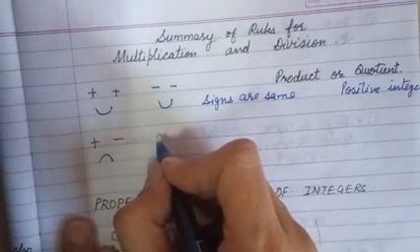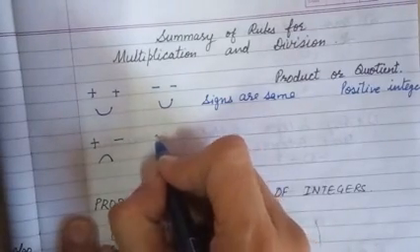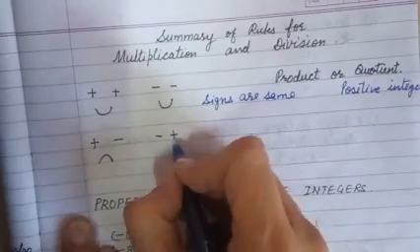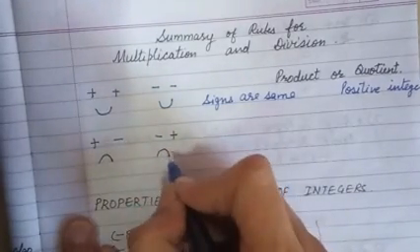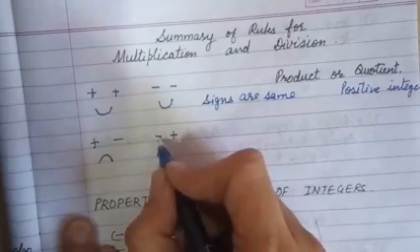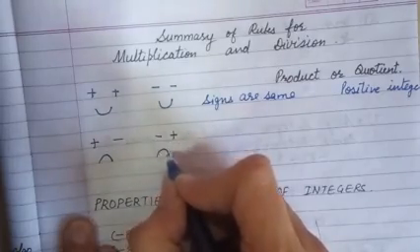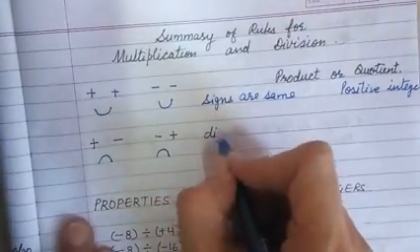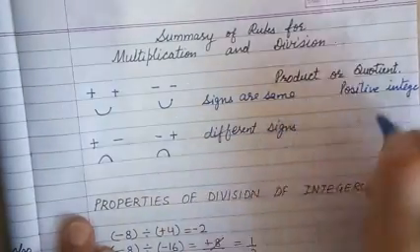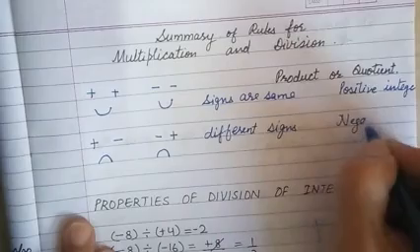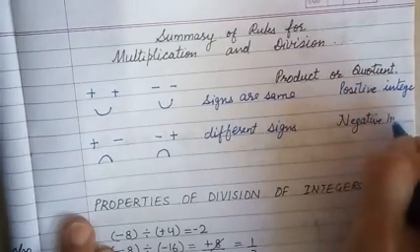Here if we are taking the product or quotient of a negative integer and a positive integer, the result is a negative integer, he gets a punch in another eye, so unhappy. So here different signs, so the result is a negative integer.